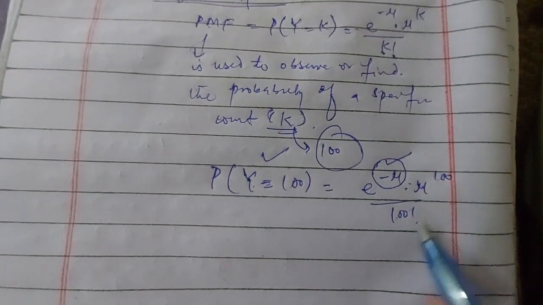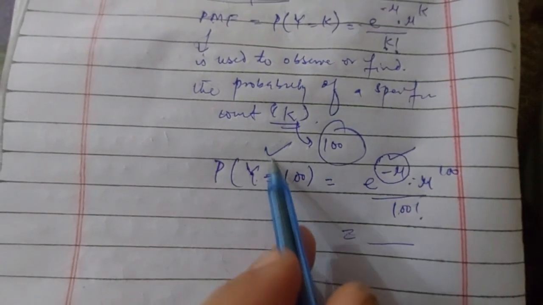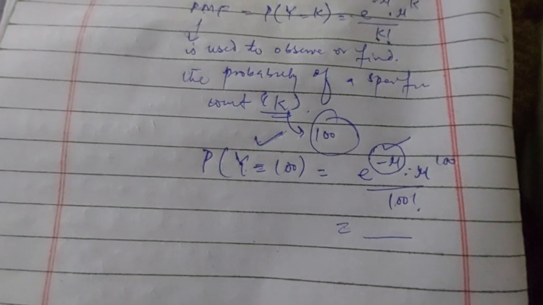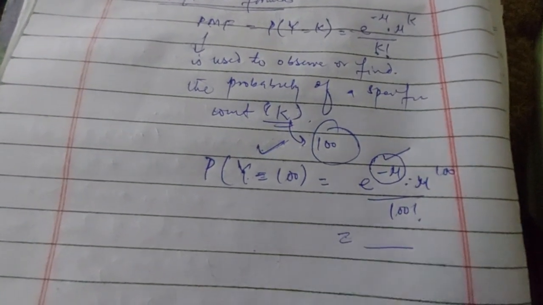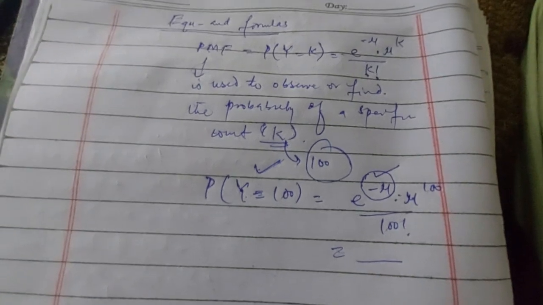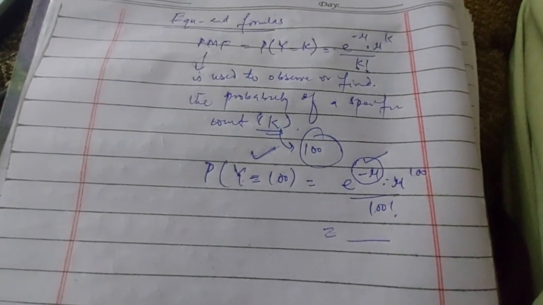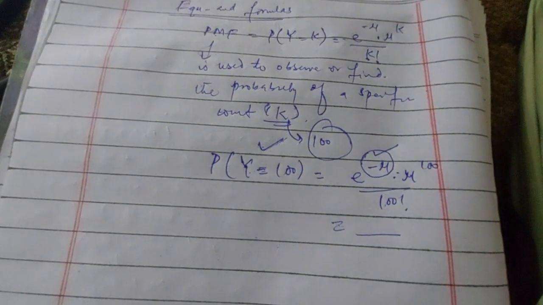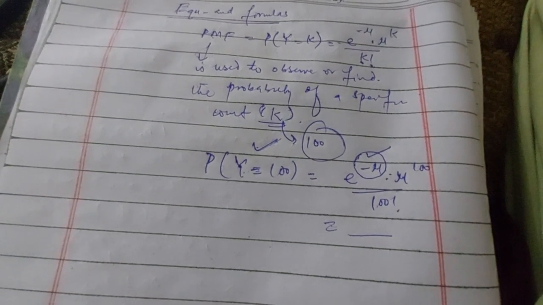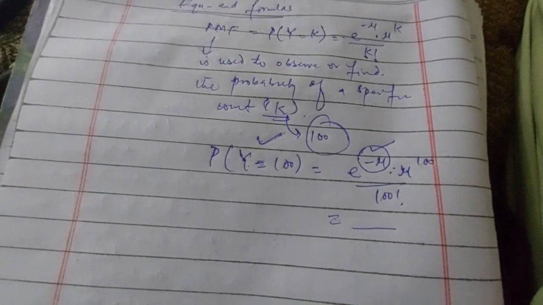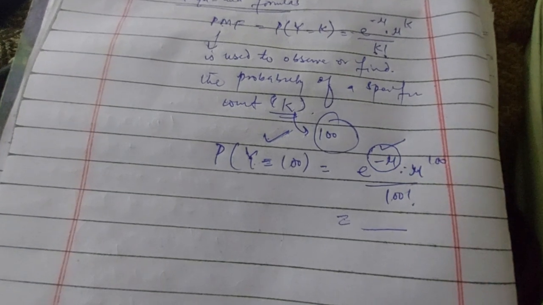If we put it over here, we can find the probability that we have 100 customers in an hour. So this is the basic PMF. We will use this equation in the generalized linear model, or Poisson regression.